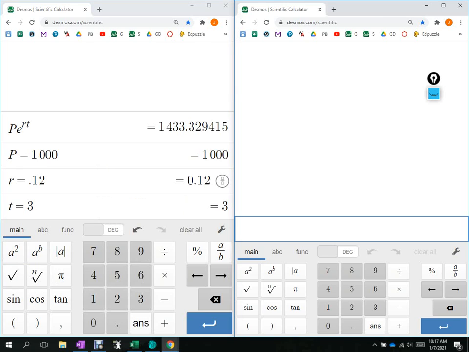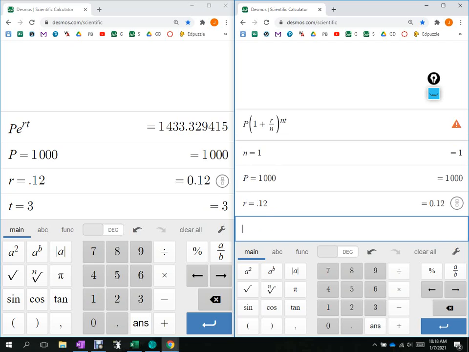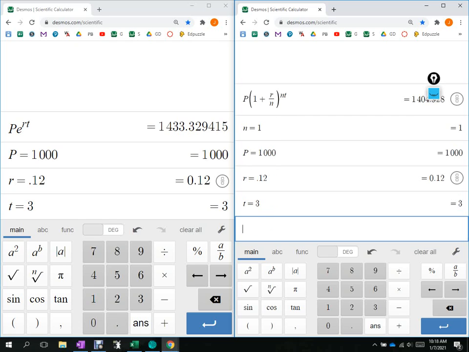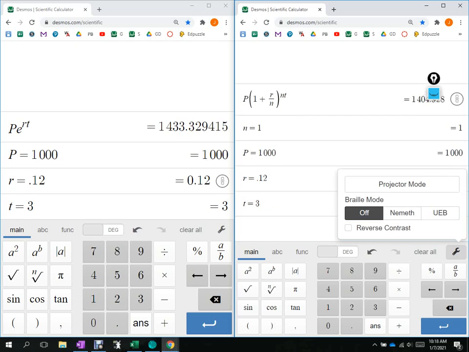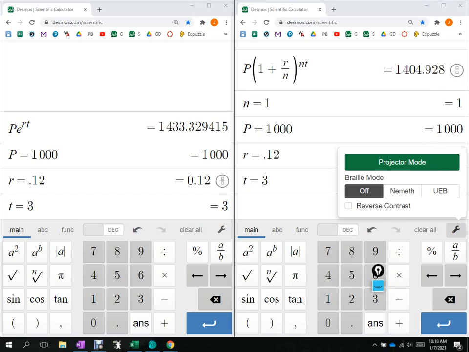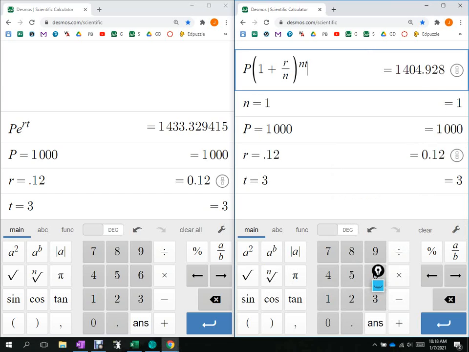If I go through with the formula that says P times (1 + r/n) raised to the nt, let n equal 1, let P equal 1,000 again, let r be 0.12, and t is still 3. We see in that scenario that we have 1404. So compounding continuously here is greater than that amount right there, right?